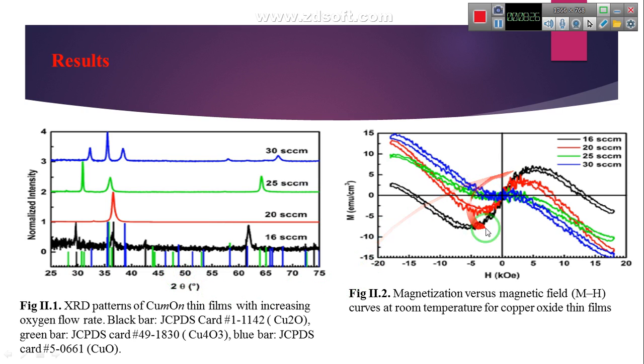Figure 2.2 shows the magnetic moment as a function of the magnetic field.